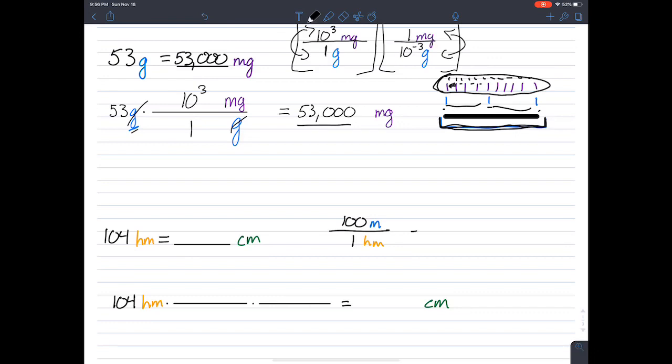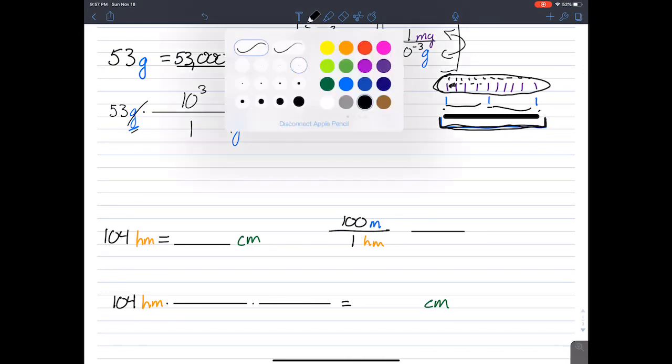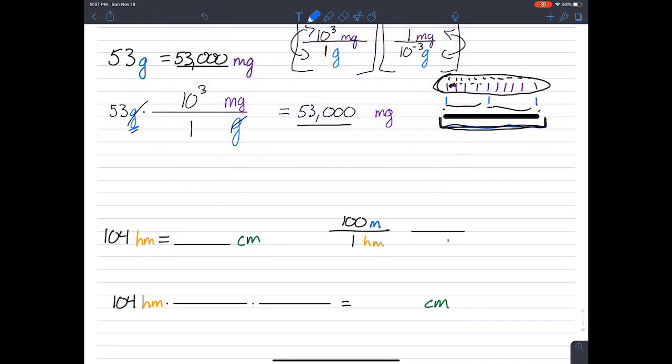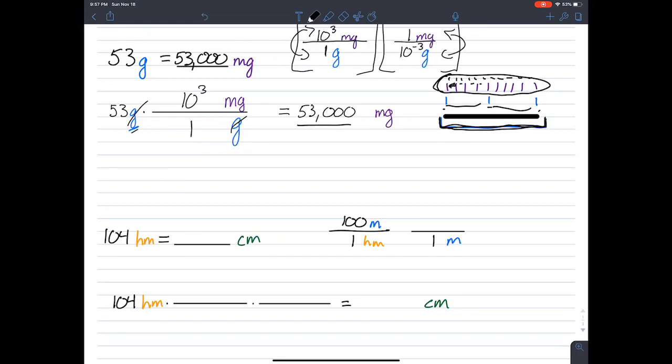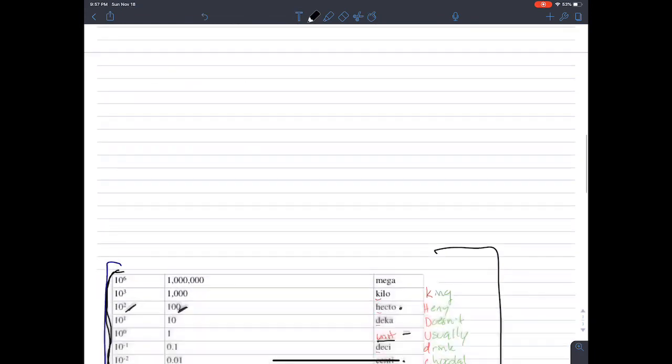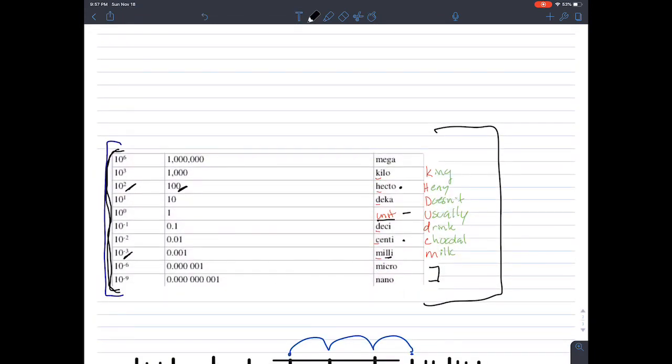And then the second conversion factor is going to have to bring us from meters to centimeters. So for every 1 meter, see down here, a centimeter is 10 to the negative second meters.